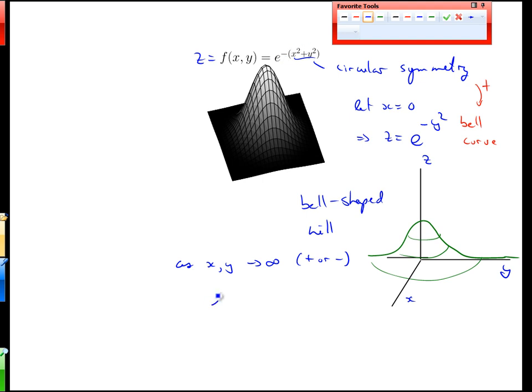We get e to the negative large values, and that, of course, converges towards 0. So the z values, the heights that we get as we move outwards in y or outwards in x, are going to fade away towards a height of 0. And that's not shown here in the scale, but we can predict that from the shape of the formula here.